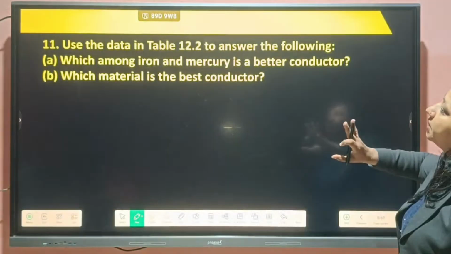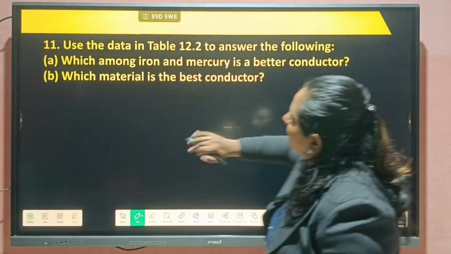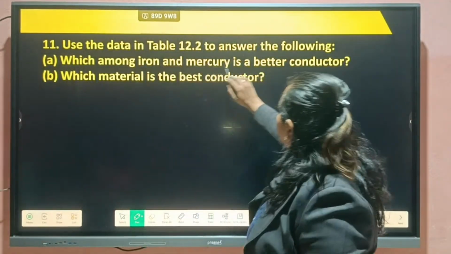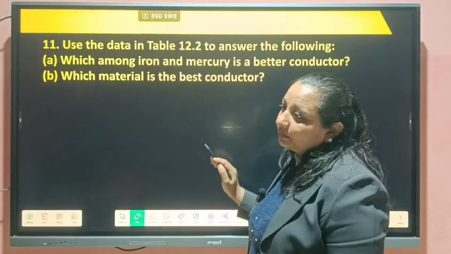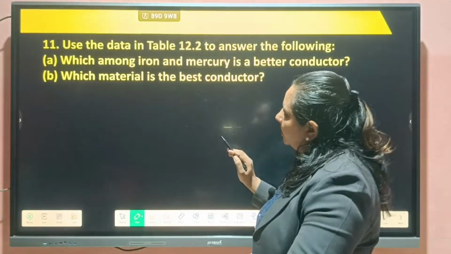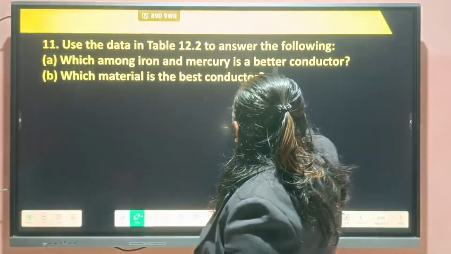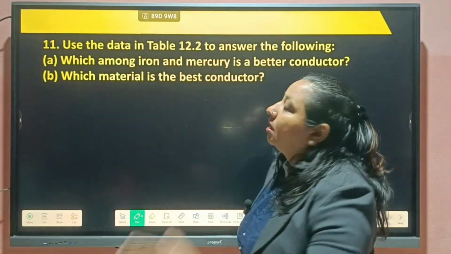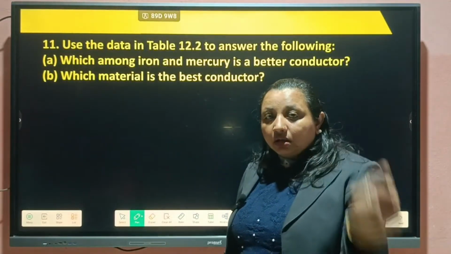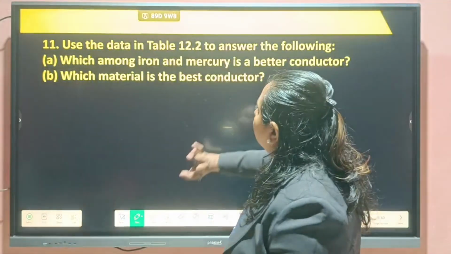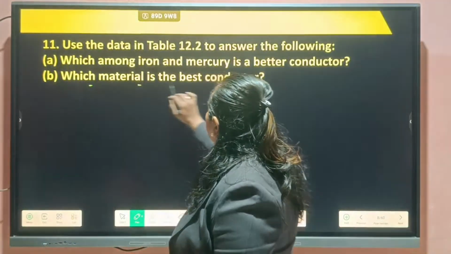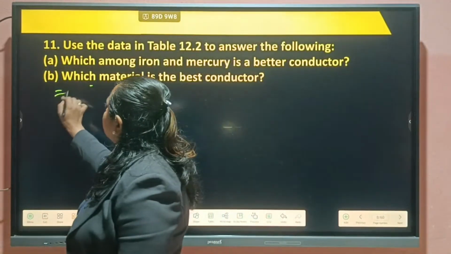This is the question based on the table. Which among iron and mercury is a better conductor? We have done this question with the help of the table, but the table is not given. Next, which material is the best conductor? Silver, Ag.